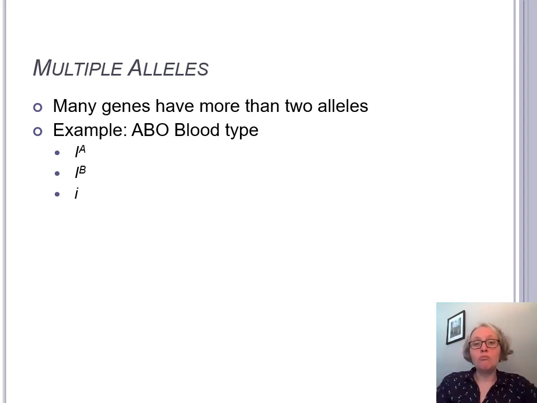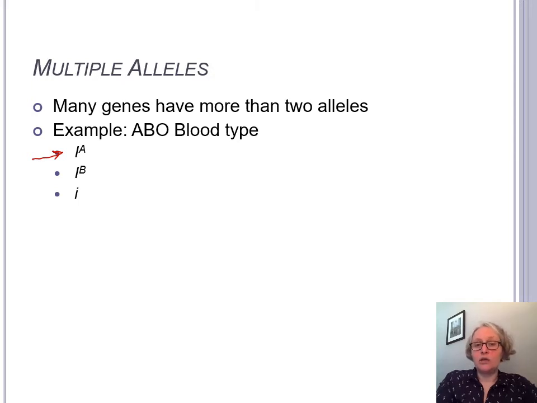So this is called multiple alleles. Most genes have more than just 2 alleles. A simple case of this is with blood type. When it comes to determining your blood type, every individual is just going to have 2 alleles, but there's 3 options to choose from. There's a dominant allele called the A allele.